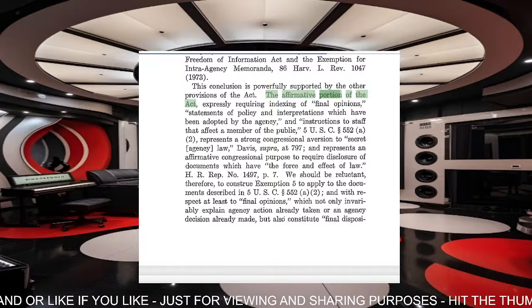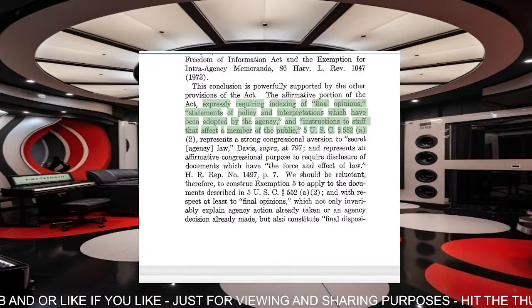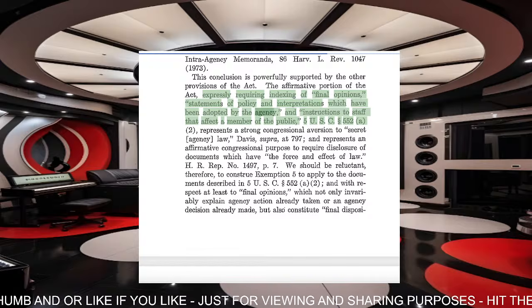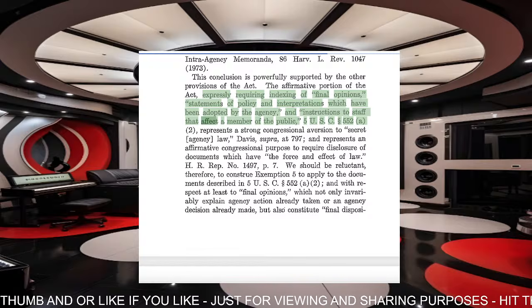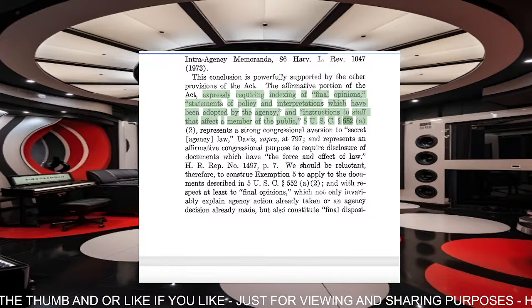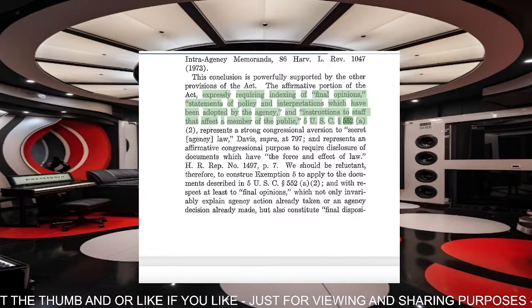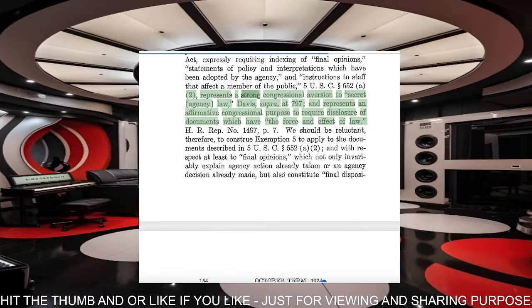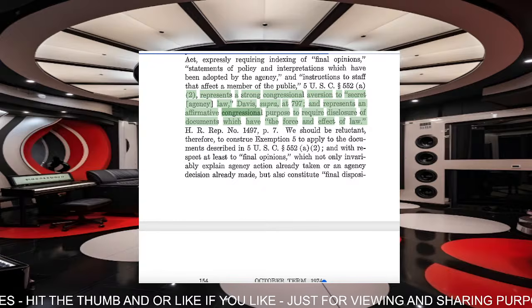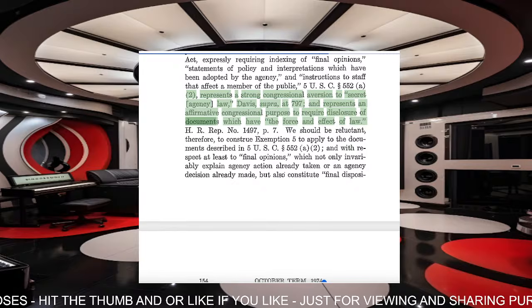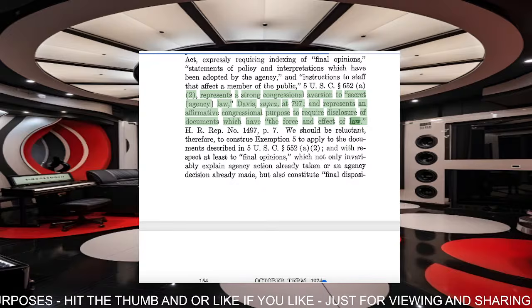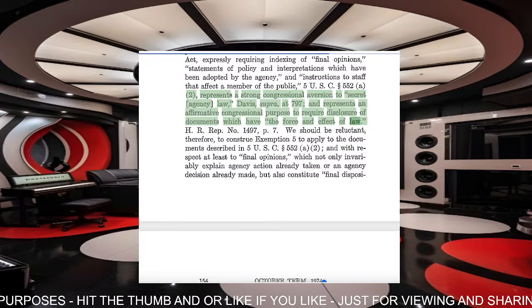The affirmative portion of the Act, expressly requiring indexing of final opinions, statements of policy and interpretations which have been adopted by the agency, and instructions to staff that affect a member of the public, 5 U.S.C. 552, represents a strong congressional aversion to secret law, Davis, supra, at 797, and represents an affirmative congressional purpose to require disclosure of documents which have the force and effect of law.